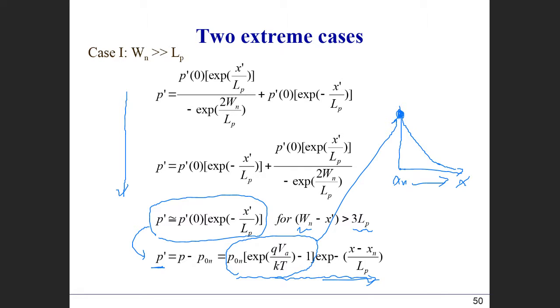Depending on this Lp, this decay can be like this, or it can be very abrupt like this. That kind of change you can see from this equation. But anyway, when Wn is much larger than the Lp, our carrier concentration will still follow this exponential term. So that is the first conclusion in here.